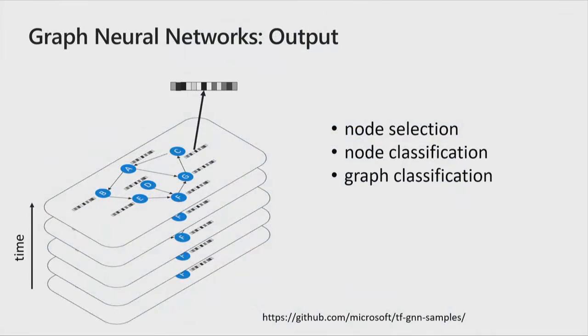In graph neural networks, you start from some state and you get the output. Now you have all these vectors about the node and how it belongs in the graph. And now you can do anything you actually care about in your application. You can say, I want to pick one node from this graph that has some property. This is node selection.